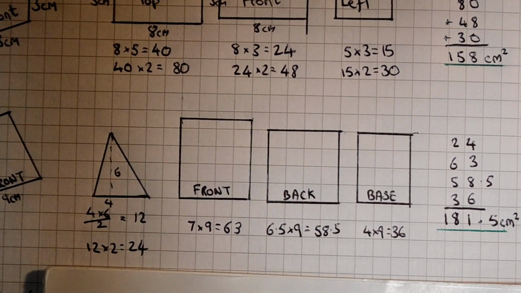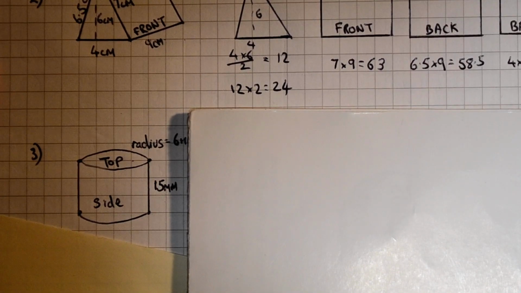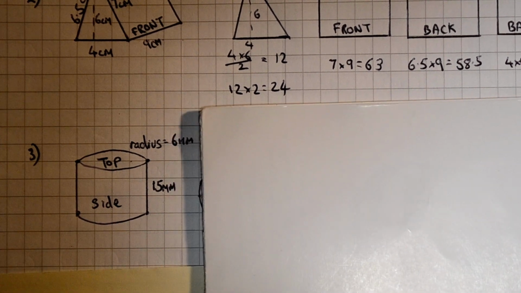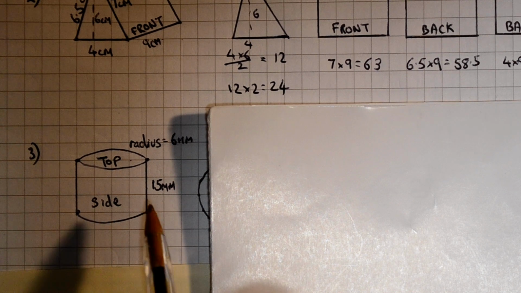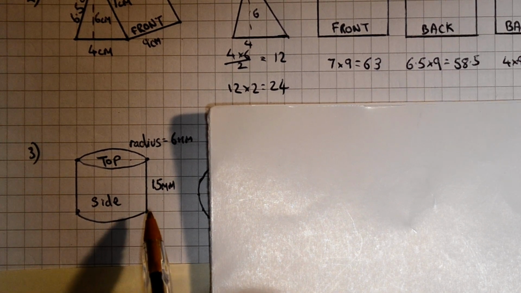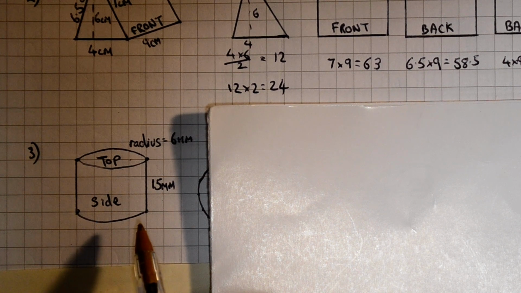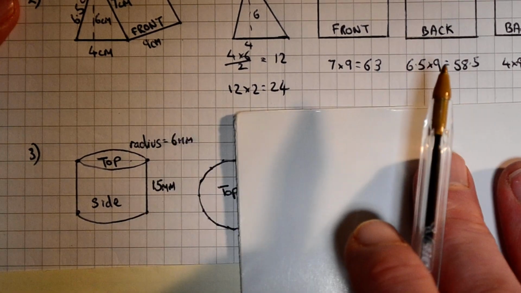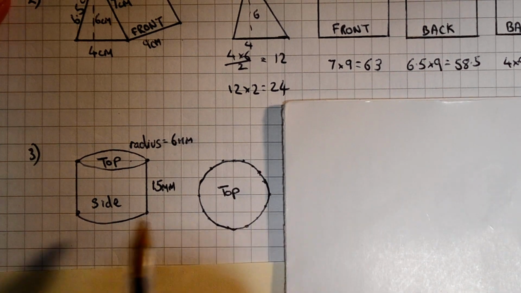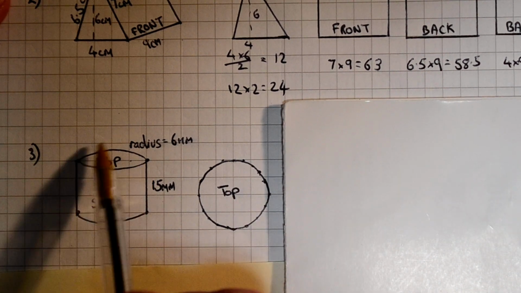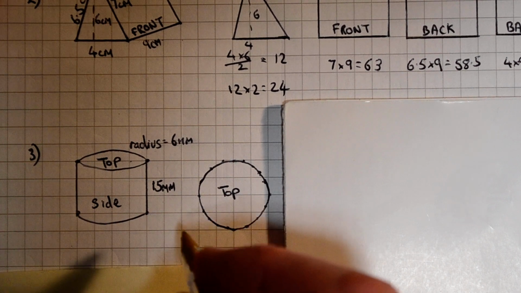Okay, final shape that we're going to calculate for is a cylinder. There we've got a cylinder radius 6 and height is 15 millimeters. Same method. So first of all, let's consider the top and the base. They're both going to be the same size. And so we need the area of a circle of radius 6.